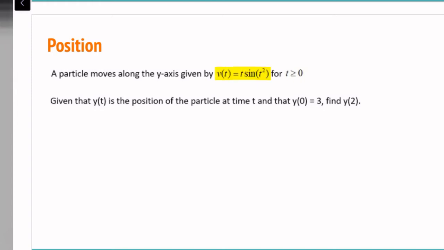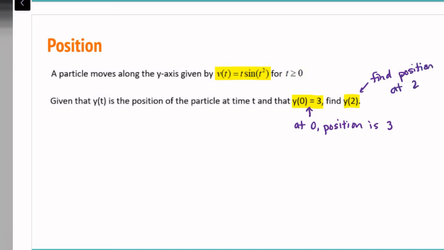Okay, I want to find the position at 2, but they're giving me that y of 0 is 3. So that means that at 0, the position is 3. We want to find the position at 2.